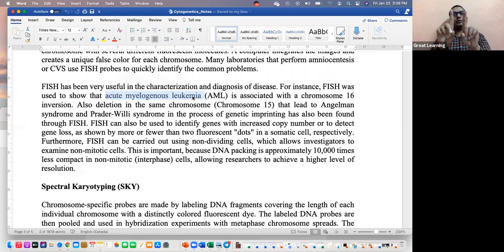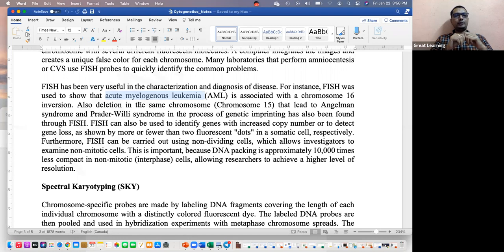So normal chromosome versus affected chromosome, you can see how the label is changed, how the probe region position is changed. Okay, using fluorescent probe, they have detected this. So chromosome 16 inversion that leads to AML was identified using FISH. Okay, this is one.